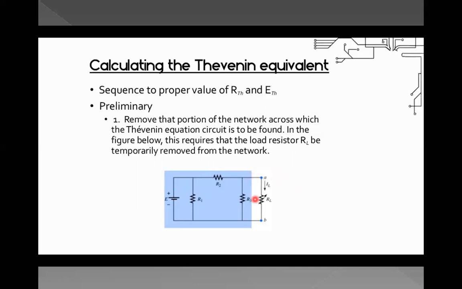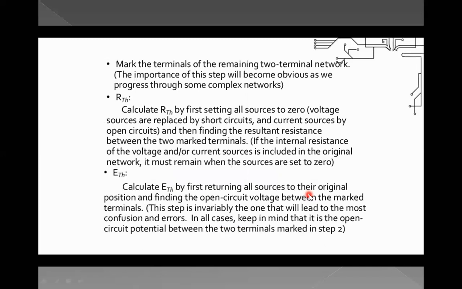Here, this is the load resistance, this is a single source, and R1, R2, and R3. Got it? So we need to remove this load resistance. We label the two terminals as A and B, remove the load resistor, and mark the remaining two terminals of the network.